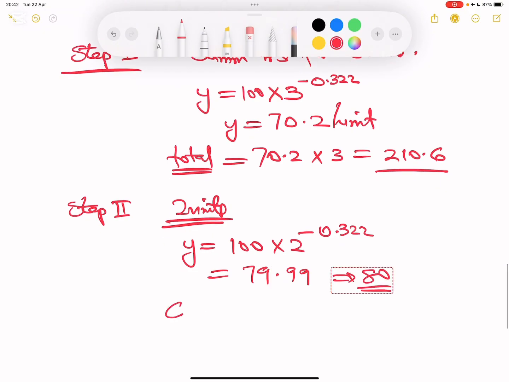So the cumulative total, because this is per unit in a batch of 2, right? So cumulative hours will be equal to 2 times 80, and that will be 160 hours.